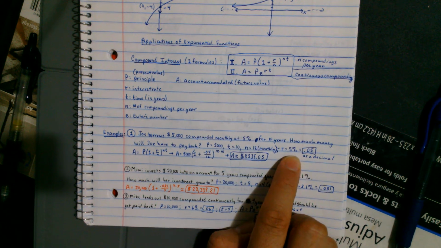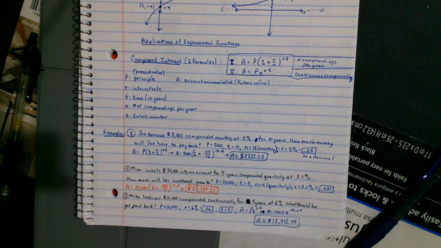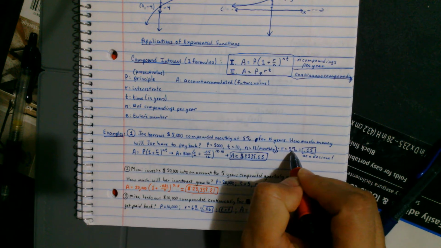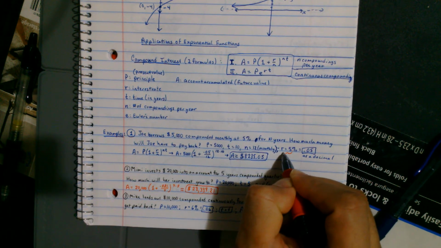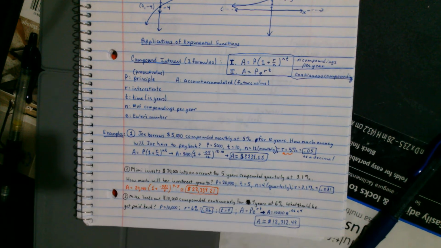But when you have a percentage, you have to move the decimal point 2 places to the left. So you get 0.05 as a decimal. Anytime you have a percent, move the decimal 2 places to the left.